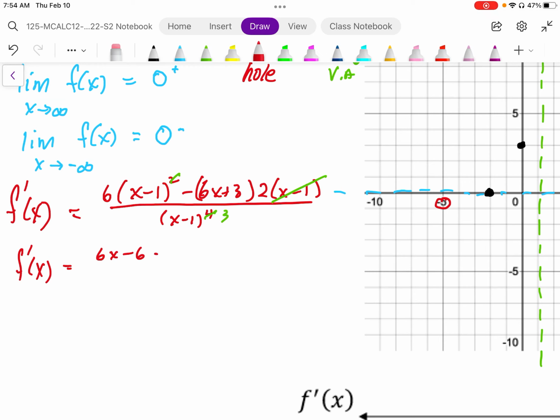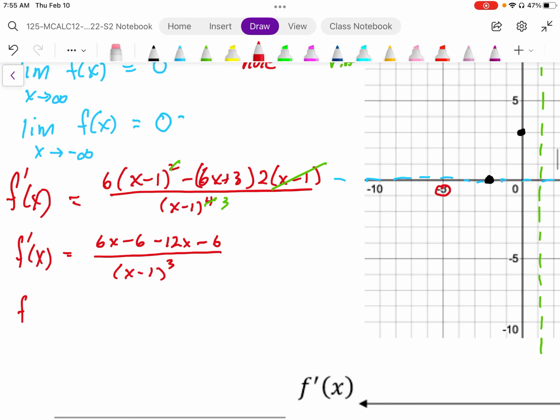So I end up with minus 12x, just keep track of your signs here, minus 3 times 2 is 6. That's going to be over x minus 1 cubed. Okay, further simplifying this, I end up with negative 6x minus 12, and then I can solve for my min or max point.